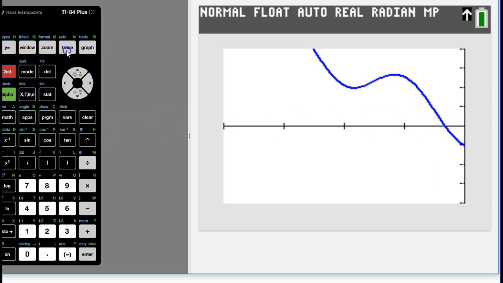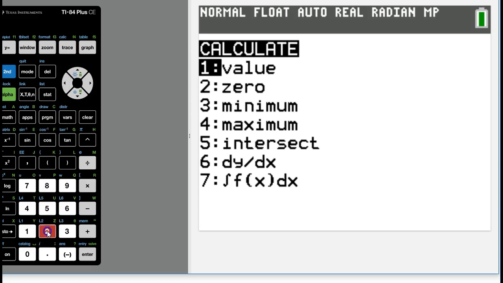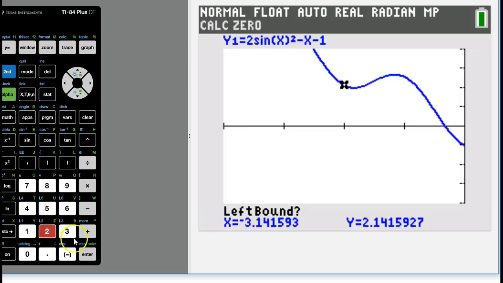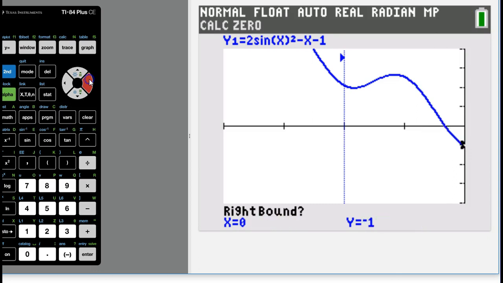I'll do second calc 0, left bound, hit enter, right bound, got to go to the right, and we found our 0 at negative 0.51.